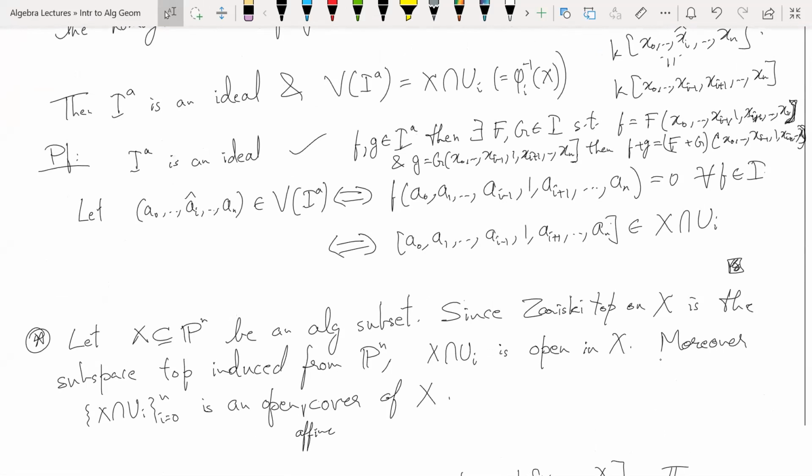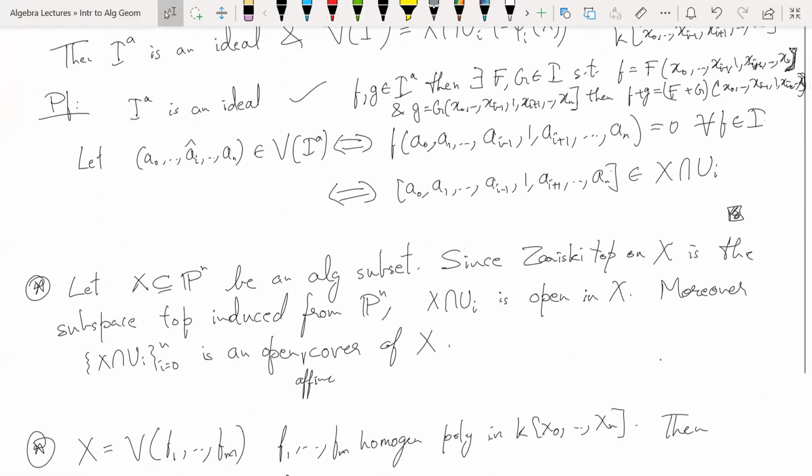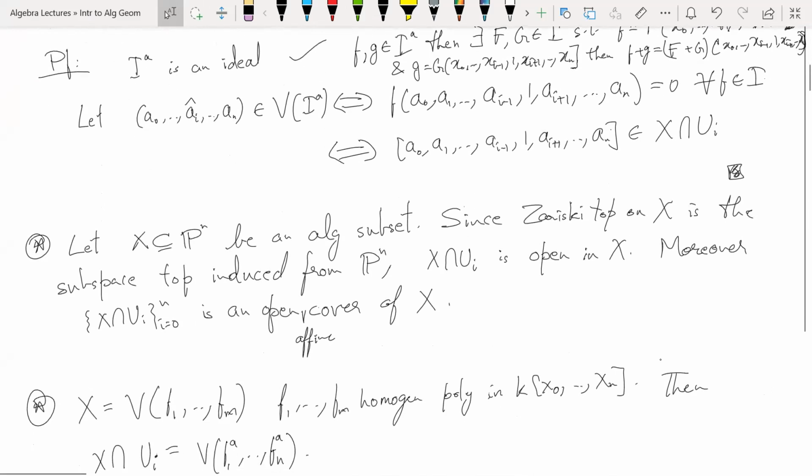So let X be an algebraic subset of Pn. I guess we haven't shown the other direction, so I'll show in the process somewhere the other direction as well. Once that step comes, I'll tell you where it appears.